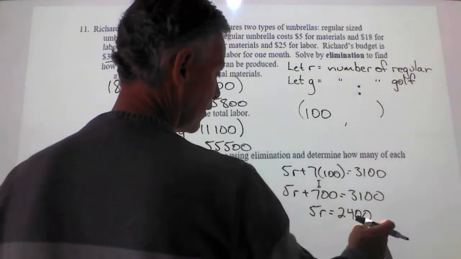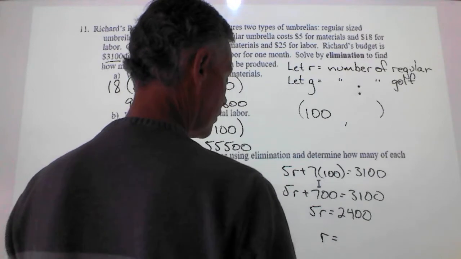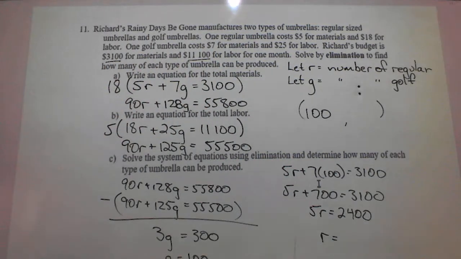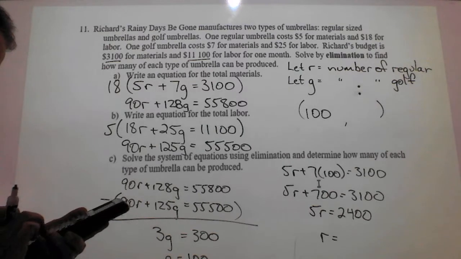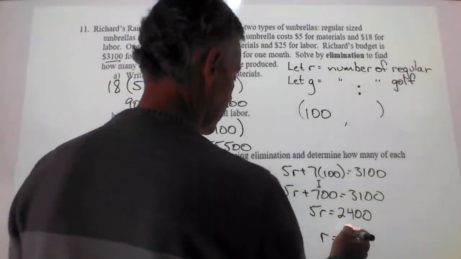And finally, divide through by 5, and that will give us R equals, what is that, 2,400 divided by 5. Thank you, Mr. Calculator. 480.